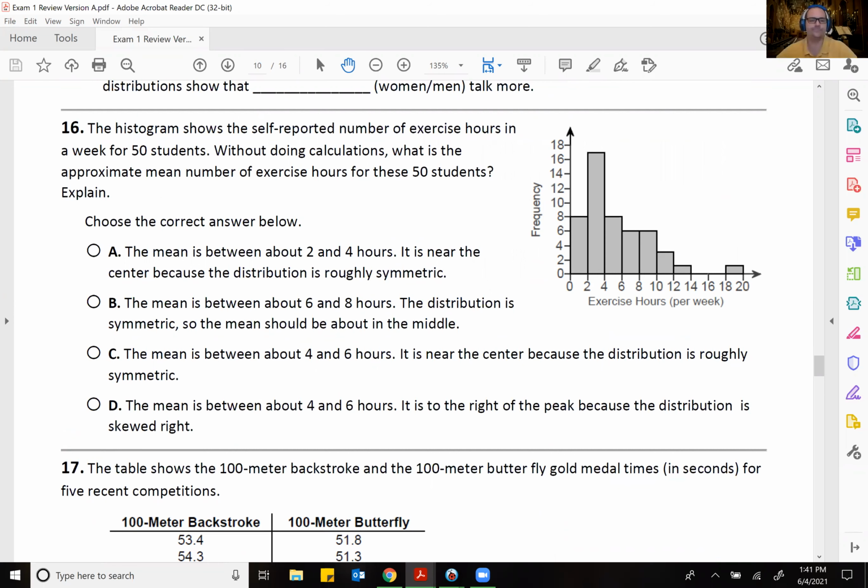All right. So 16 says the histogram shows the self-reported number of exercise hours in a week for 50 students. Without doing calculations, what is the approximate mean number of exercise hours for these 50 students?